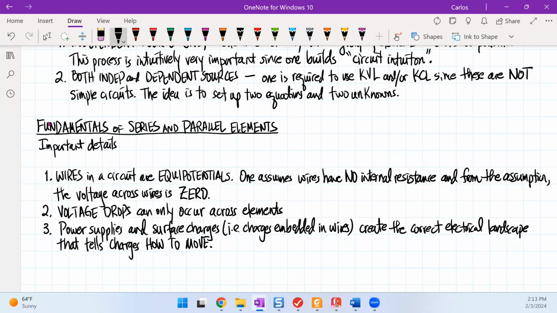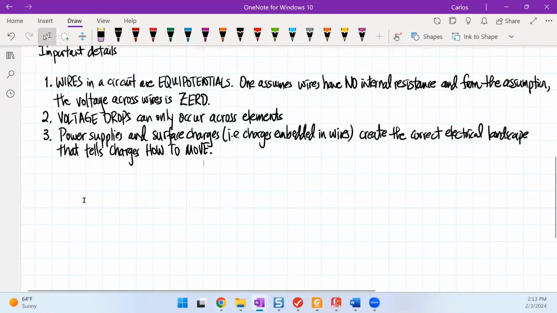In other words, it maintains a potential height across the elements for charges to slide down its incline. And so if you look at the whole circuit, you have multiple inclines, and therefore those multiple inclines tell us what they do.